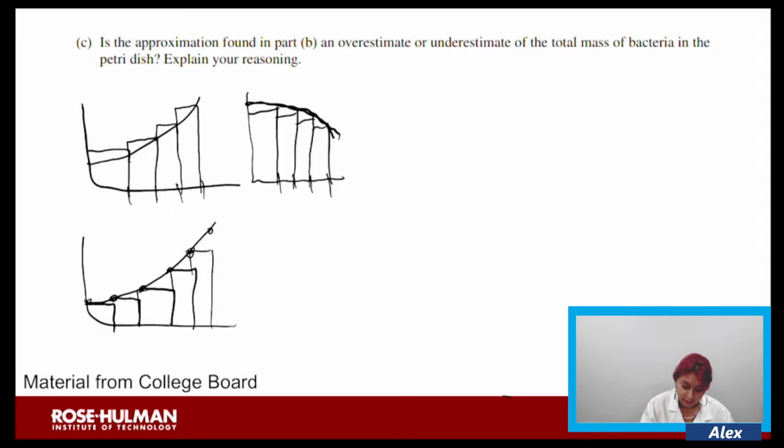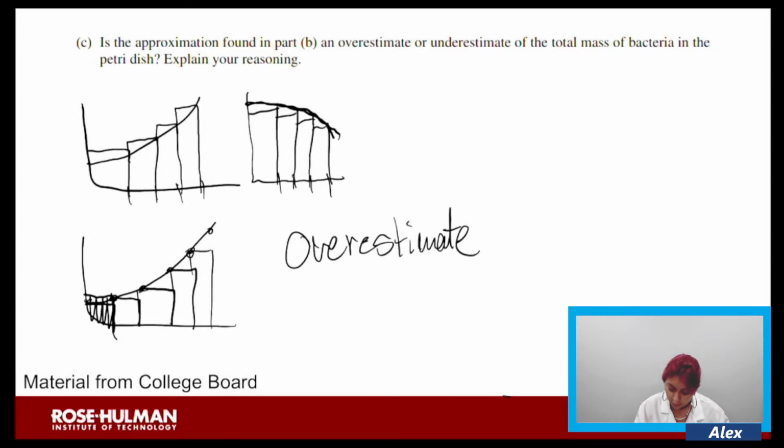But since we are taking a right Riemann sum, we would have an overestimate of our values because our graph is concave up, meaning it is positive and increasing. And our right Riemann sum takes into account the larger values of our graph.